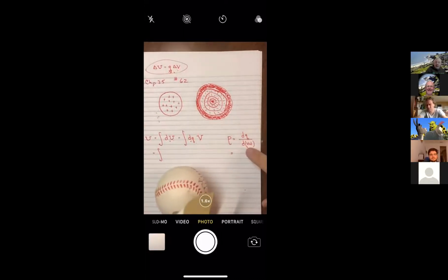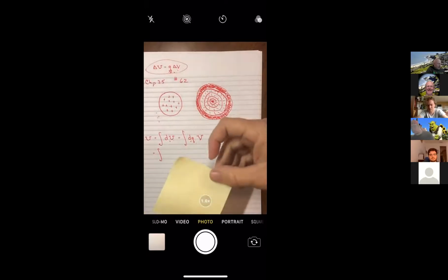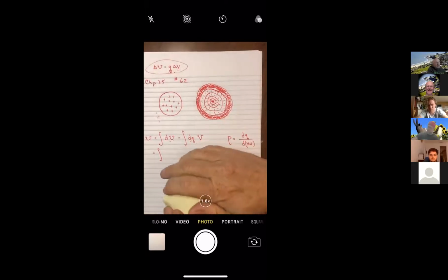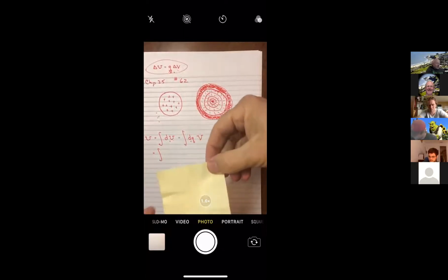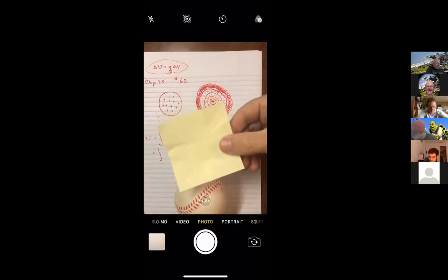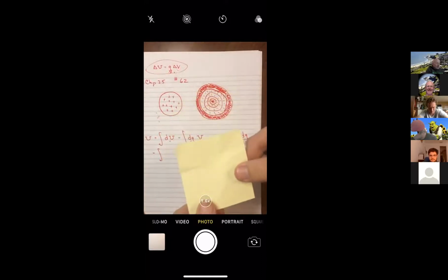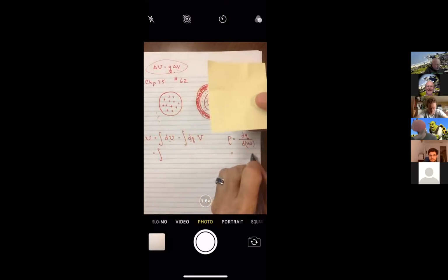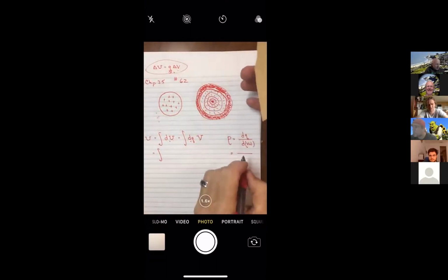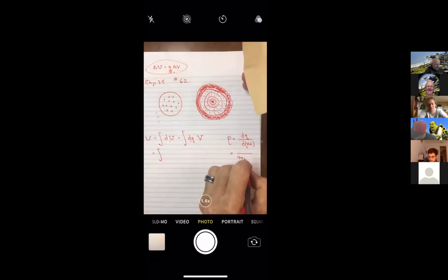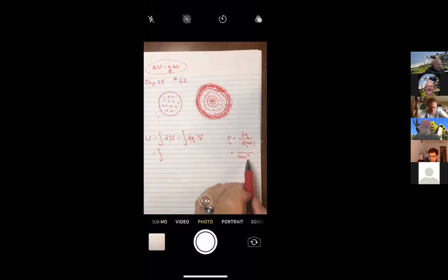Because that little bit of volume in the equation would be this piece wrapped around it, either this piece of paper or this piece of aluminum foil. So if you unfold it and ask what is the volume of this, I would say it's the surface area, and since it's wrapped around a sphere, it's 4 pi r squared.